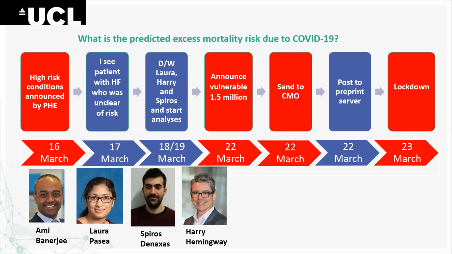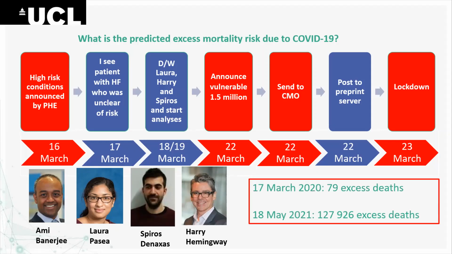And so our team at UCL in the middle of March last year quickly cobbled together analyses using the data that we had available, which was CPRD historic data, to model baseline risk and to try to model, based on what we knew already at that stage about the impact of high-risk conditions on mortality, what the impact might be on excess death.